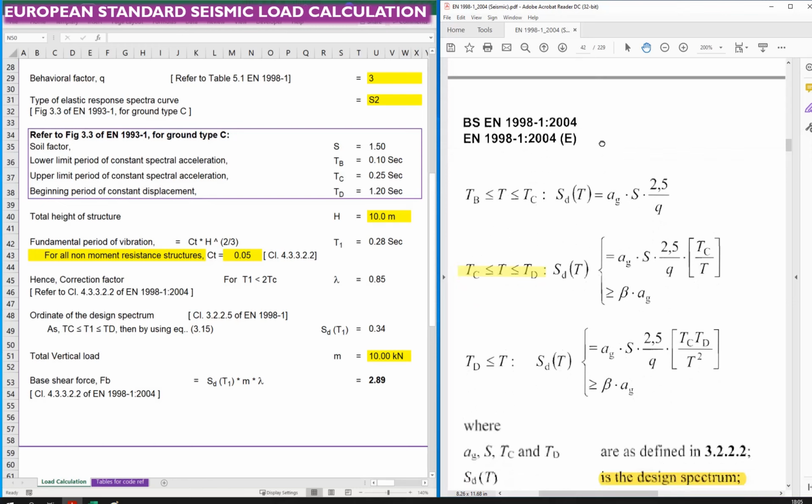In the next case, if TB is less than or equal to T and less than or equal to TC, then St of T equals Ag into S into 2.5 divided by q.